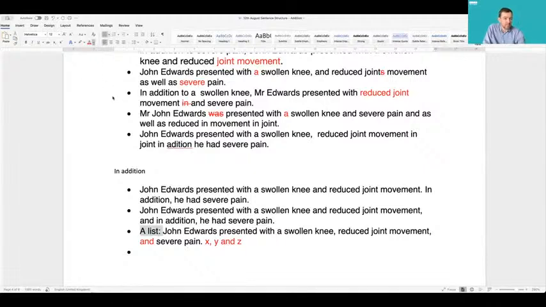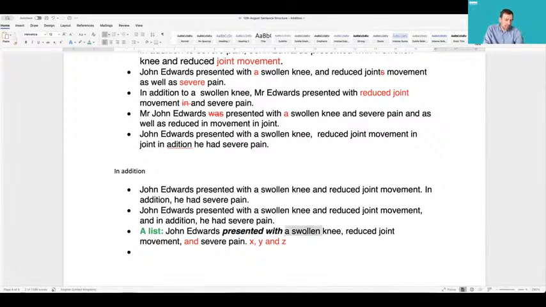This is a list because there's one verb, isn't there? What's the verb in this list? Presented. Presented with, yeah. He presented with, so that's basically the verb. He presented with, he showed. So that's the verb in this sentence.